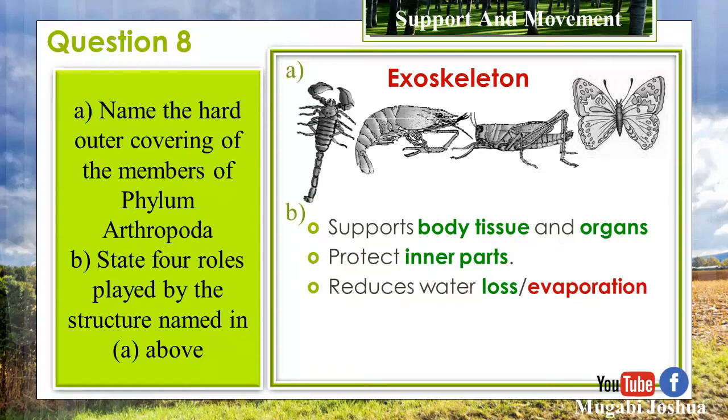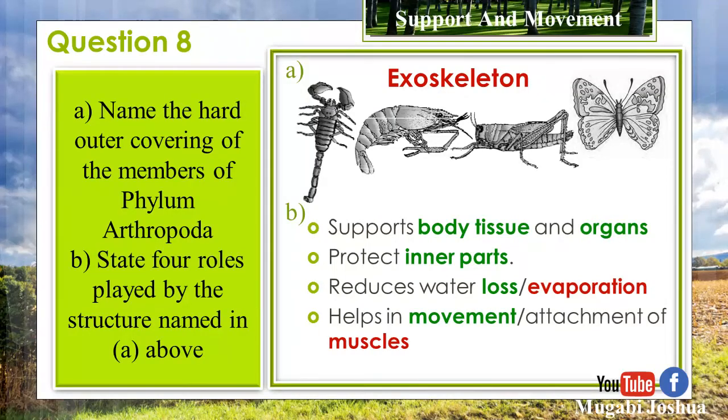And the fourth, it helps in the movement of the muscles, at the same time the attachment of those muscles. Those are the exoskeleton roles played in the insect.